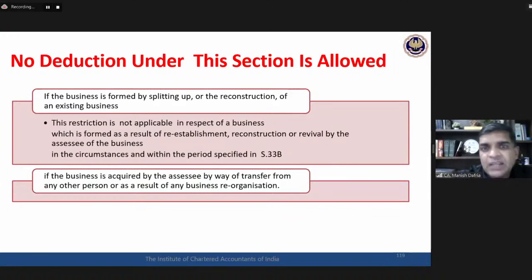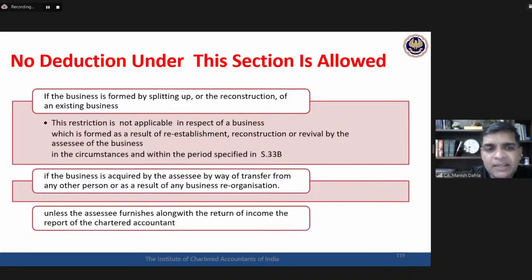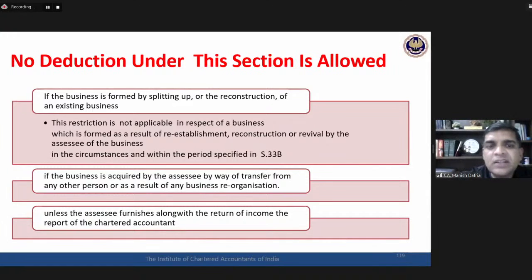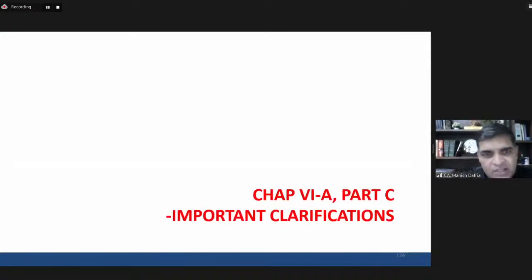If the business has been acquired from another person, if you have purchased some business as a going concern from somebody else, then you cannot claim 80JJAA deduction. And unless you furnish a report of a chartered accountant along with your return, you cannot claim 80JJAA. So for claiming 80JJAA deduction, the report of a chartered accountant is also required to be furnished.